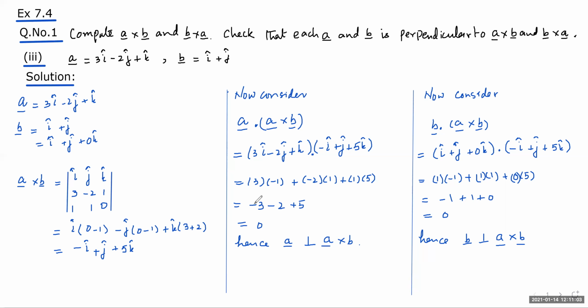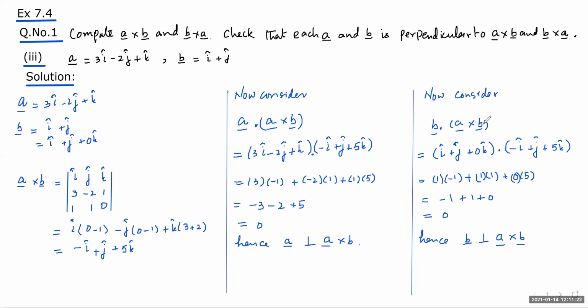Result: minus 3 minus 2 plus 5, so minus 5 plus 5 equals 0. As the dot product of these two is 0, this vector is perpendicular to this. So we have checked that A is perpendicular to A cross B.